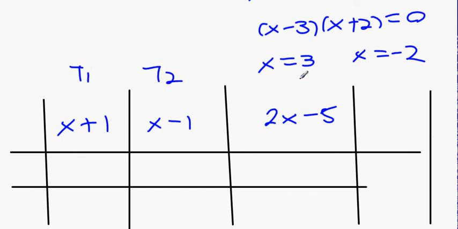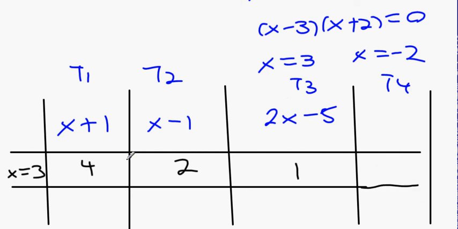So when x equals 3, it's going to be 4, 2, then 2 times 3 is 6, 6 minus 5 is 1. Then the one after that, it's gone down by a half, getting divided by 2 each time, so T4 is a half.